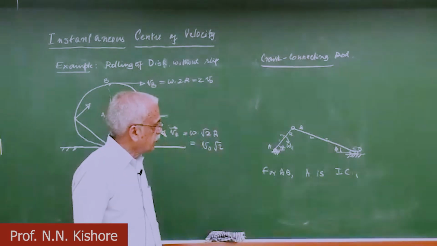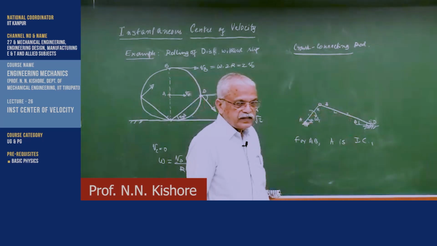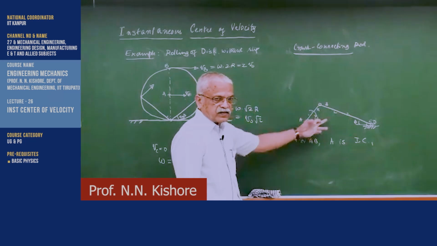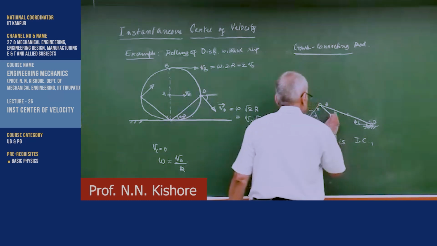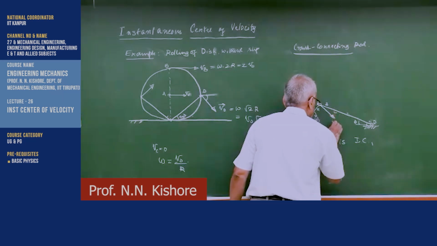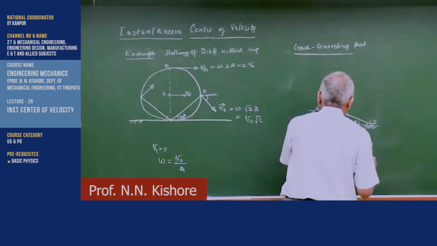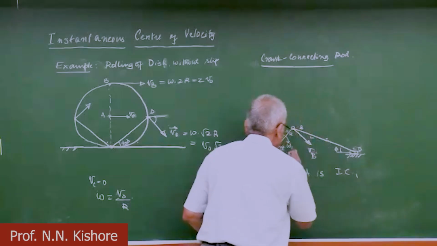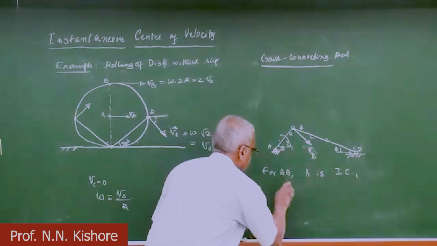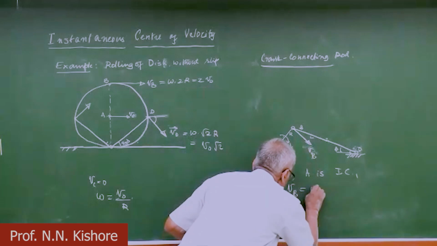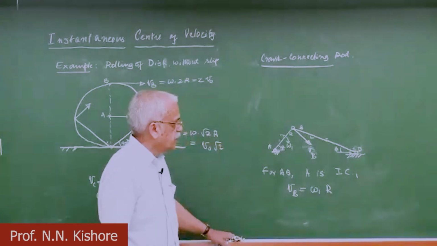And for link 2, that is the connecting rod, where is the instantaneous center? Of course, once you have the instantaneous center, this is very trivial. The velocity of B also can be calculated. This is the velocity of B. It is perpendicular to the crank, and it has a velocity of omega 1 times the radial length r, AB.